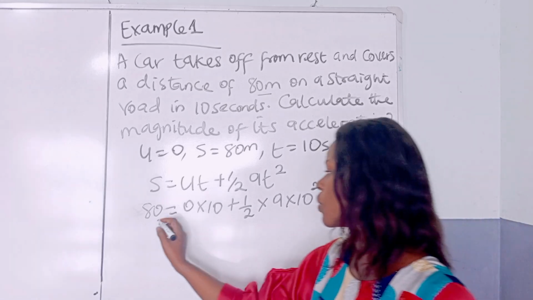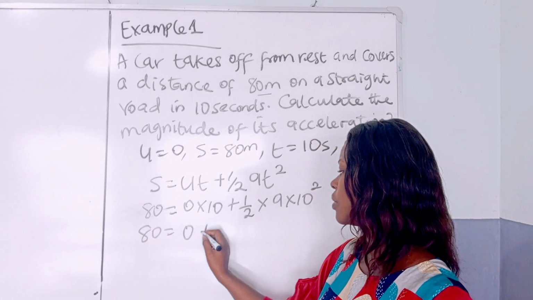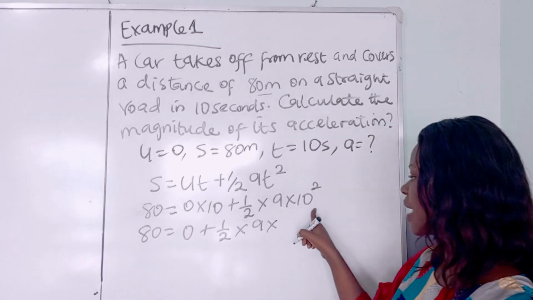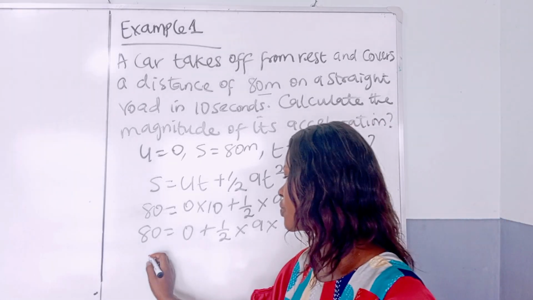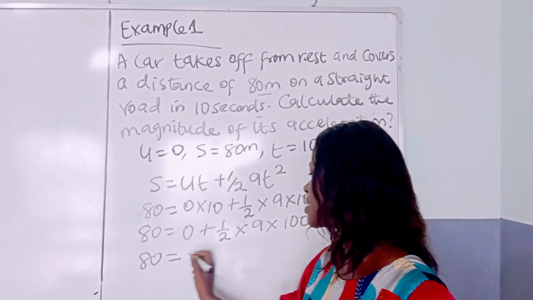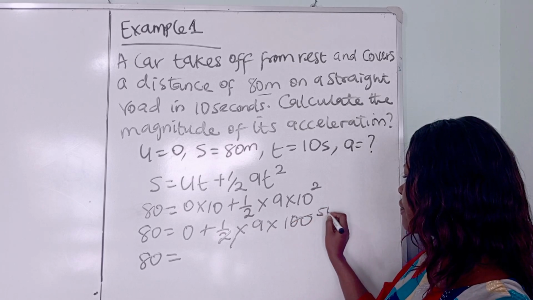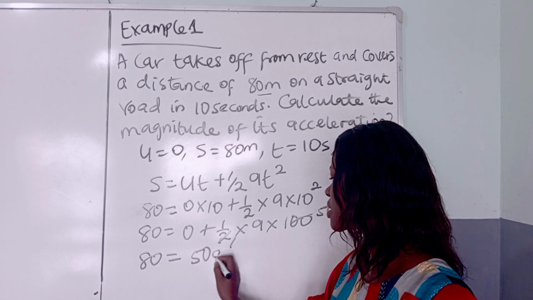Alright, so we bring down 80. 0 times 10 is 0, plus half times A times 10 square is 100A over 2. So we say 80 is equal to 50A.